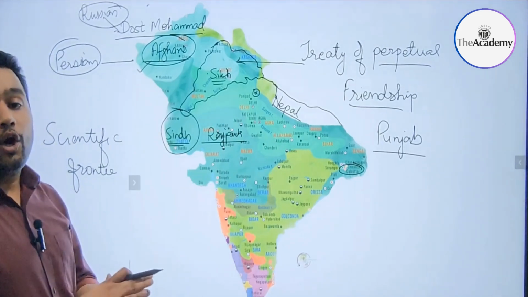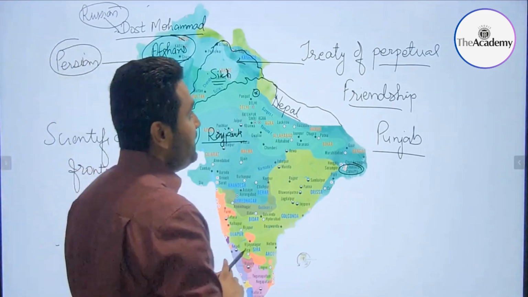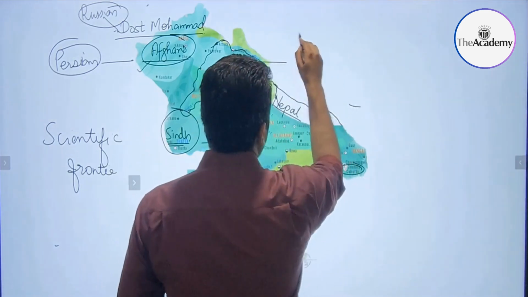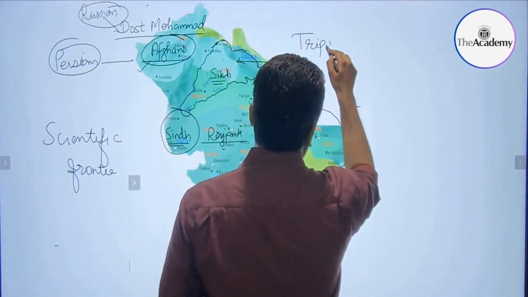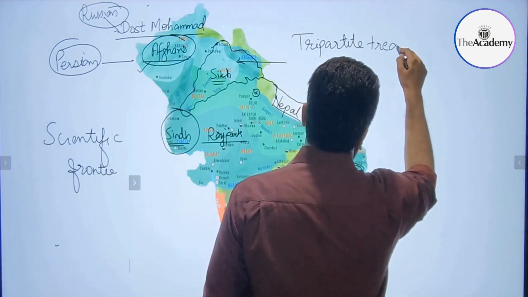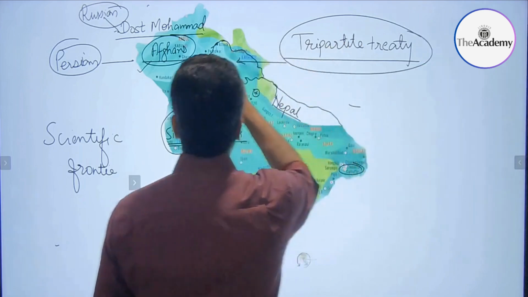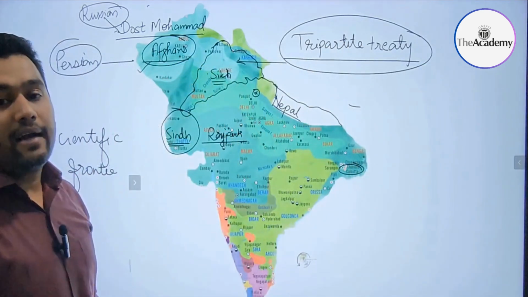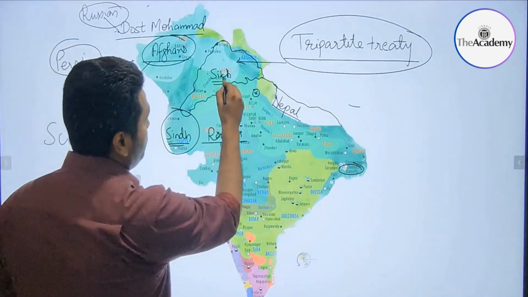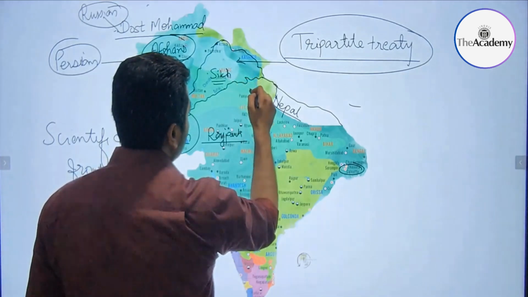And therefore, Lord Auckland signed a tripartite treaty. So when we talk about Lord Auckland, he signed a tripartite treaty, and this treaty was to be the basis towards the Anglo-Afghan invasion. I have told you that Shah Shuja had taken refuge in Ludhiana.